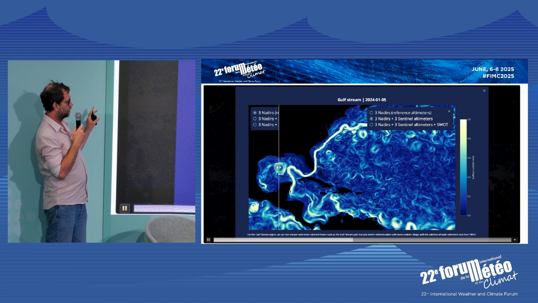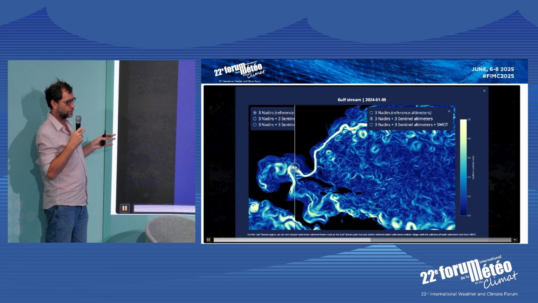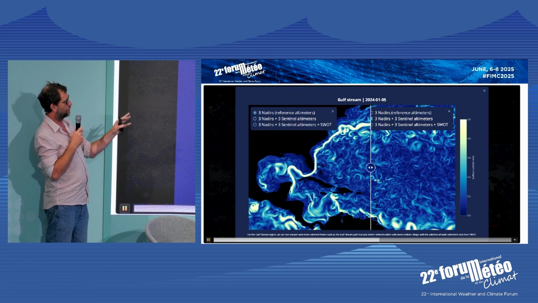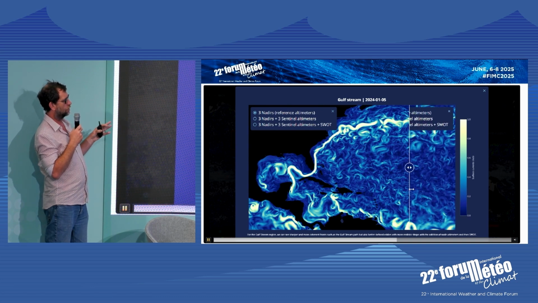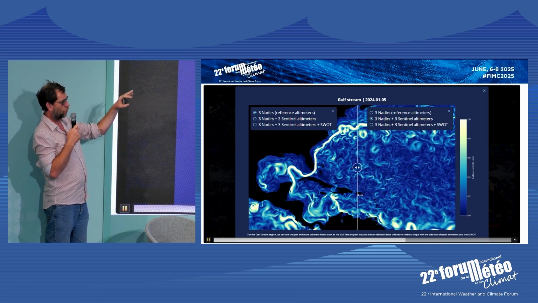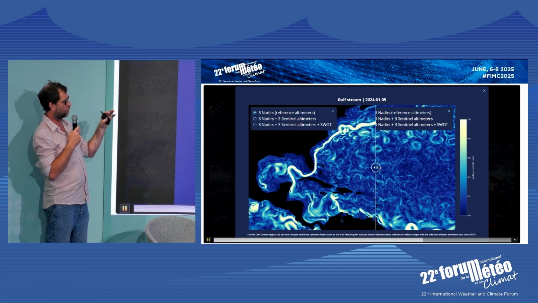On the left-hand side is the way we represent the ocean now with the main satellites we've had for quite a few years. And on the right-hand side, what happens if we had another 3 satellites, to represent the Gulf Stream the same way?